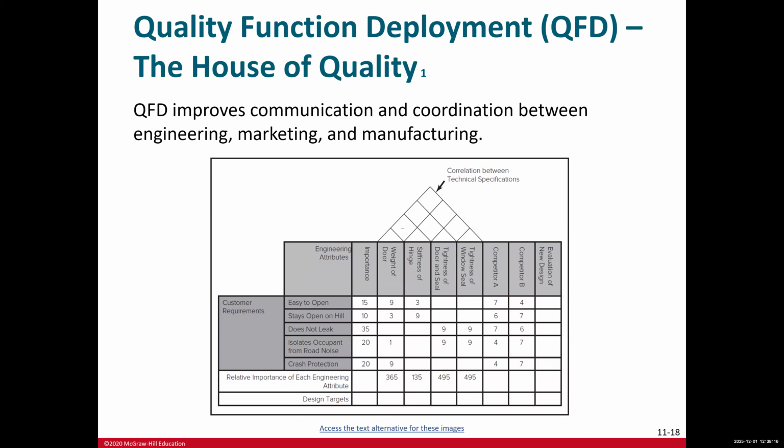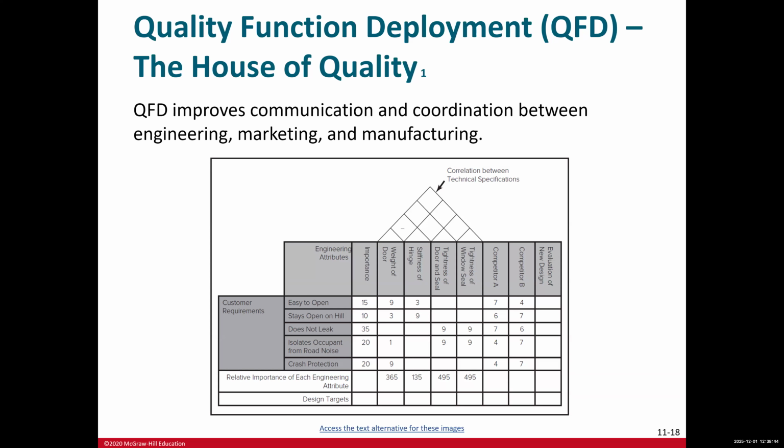And then we enter the correlation between different engineering attributes, as you can see all those numbers, which indicate the relationship between engineering attributes and the customer requirements. Then we multiply customer importance rating by the relationship to engineering attributes, and sum for each contribution.